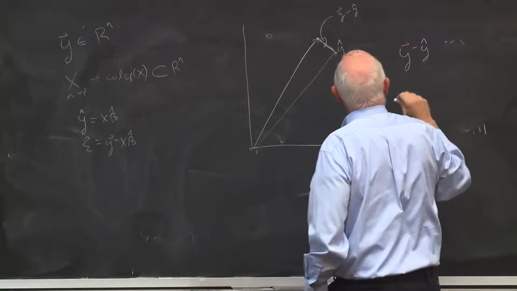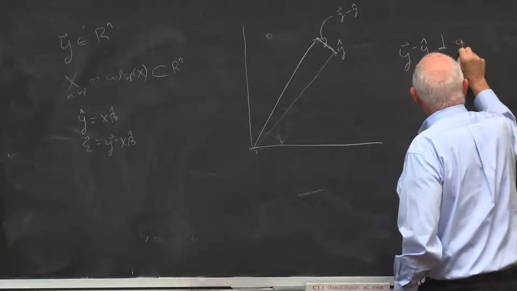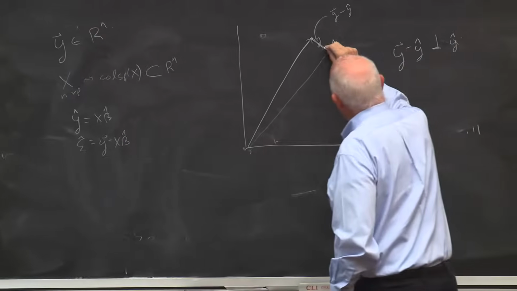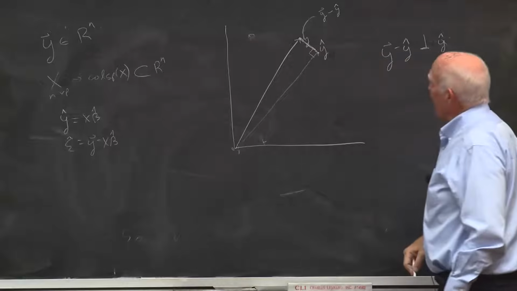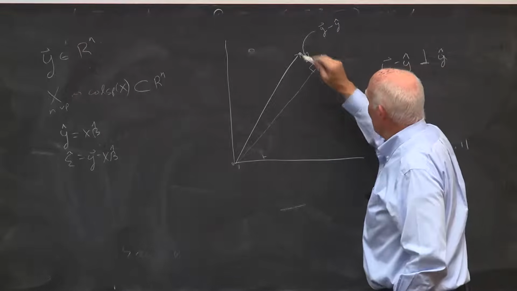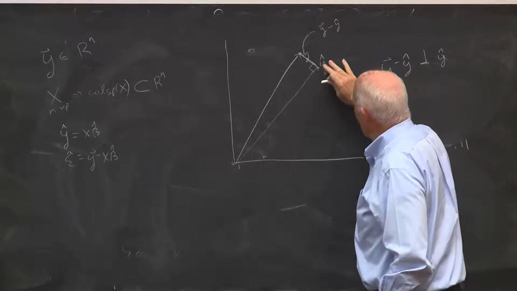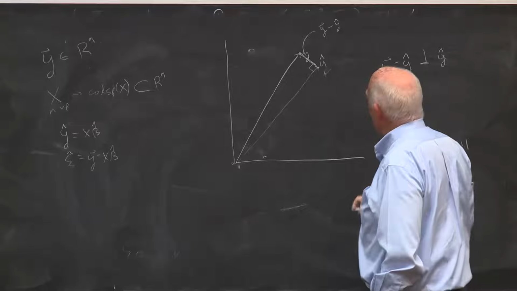This is going to be orthogonal to y hat. So we actually have right angles here between the y hat vector and the error vector.